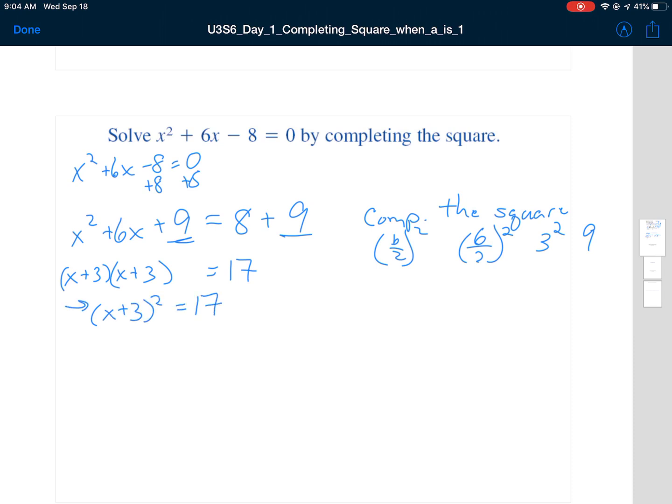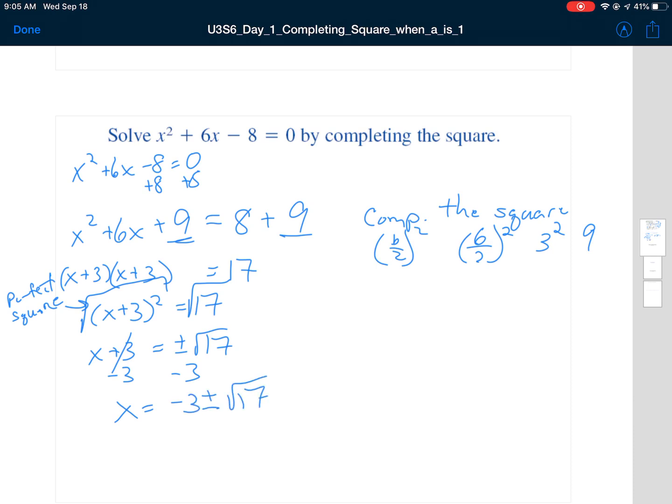That right there is a perfect square. It factors into the exact same thing twice. So now I can solve by taking the square root. x plus 3 breaks out of the squared operation. We get plus or minus the square root of 17. Subtract 3, and we get x is equal to negative 3 plus or minus the square root of 17.